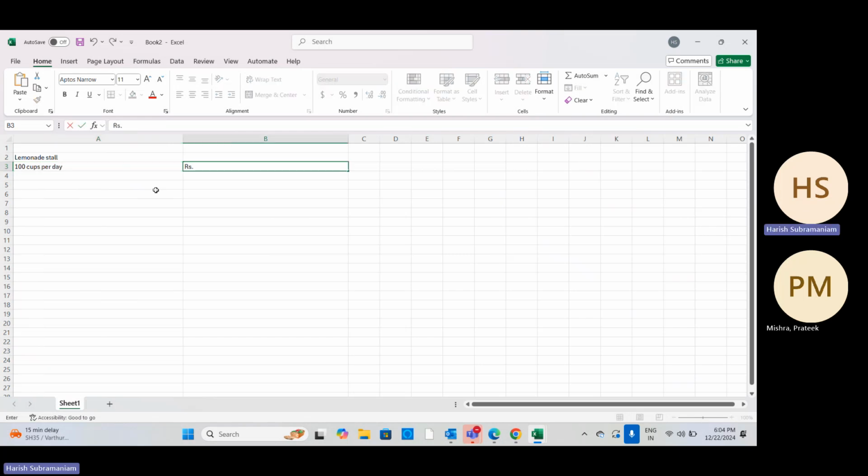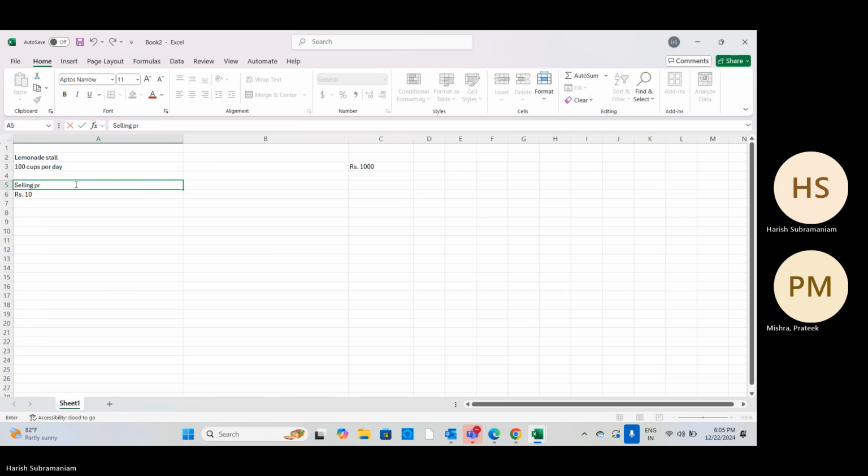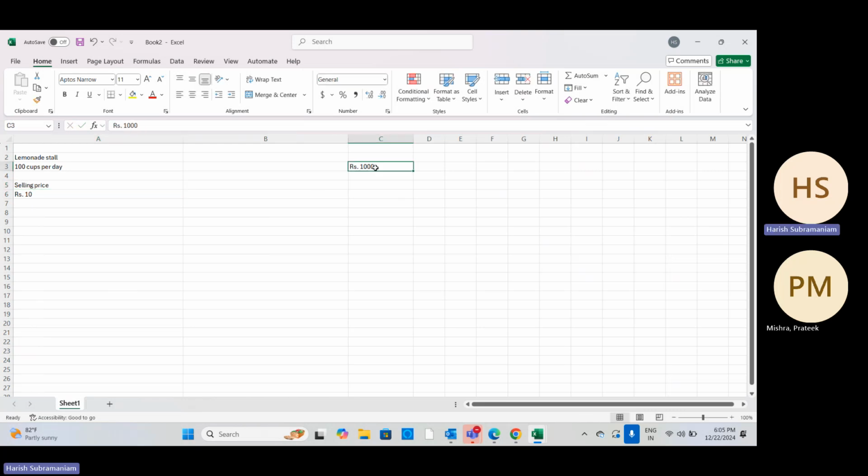The selling price per cup is rupees 10, so the person has earned rupees 1000. This is the selling price, and that gives the revenue.